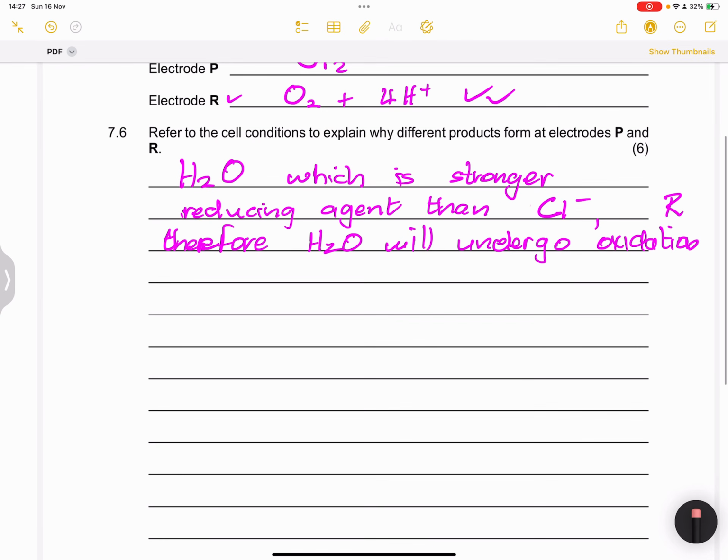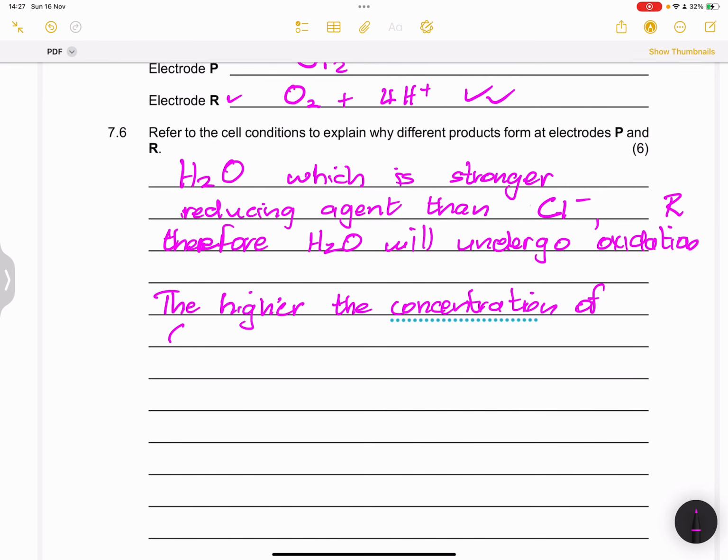So we're going to say the higher the concentration of chloride ions in the cell, the greater the rate of reaction.